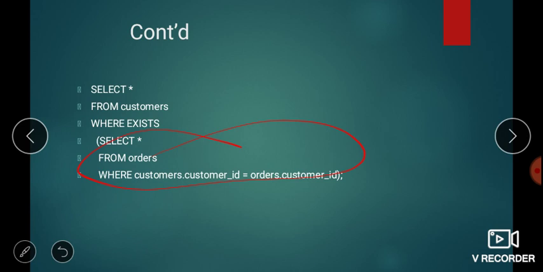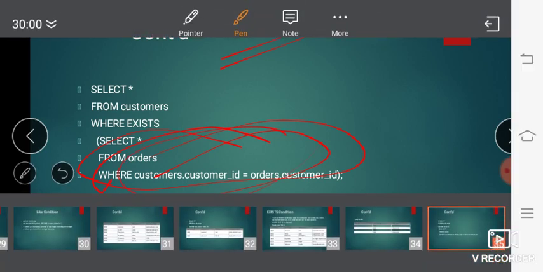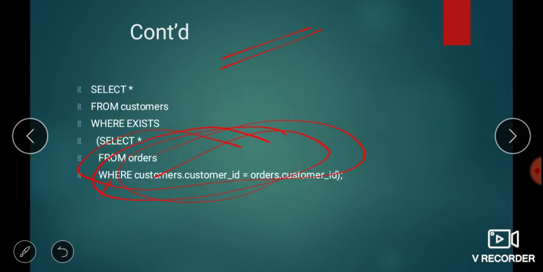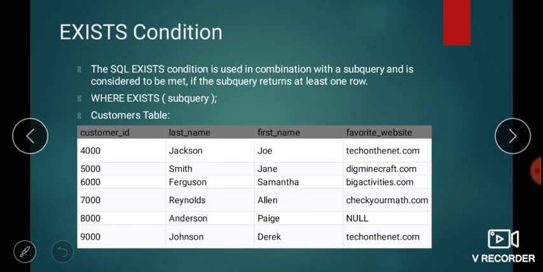Select star from customers. It will first take one row of customer, then go to the subquery and compare that row with each and every row of the subquery. Let's take the first row of customers.